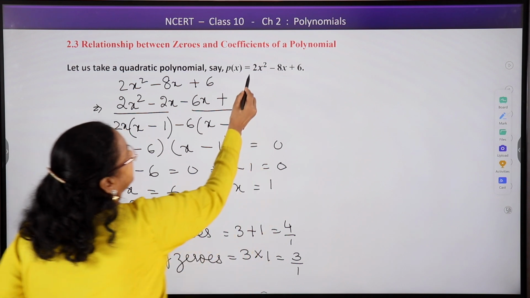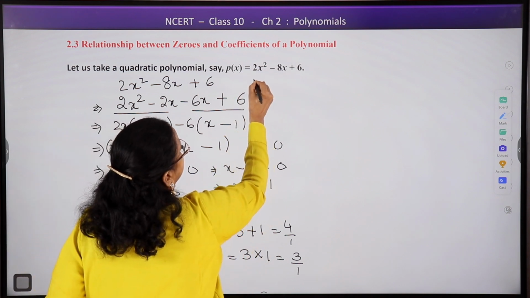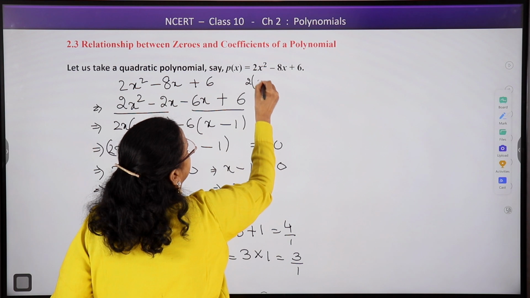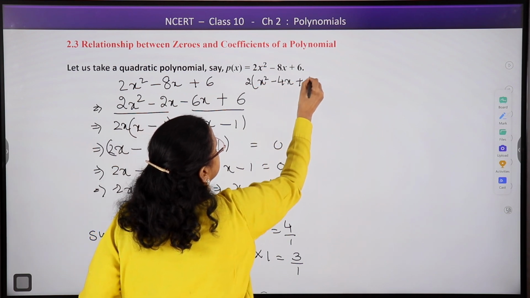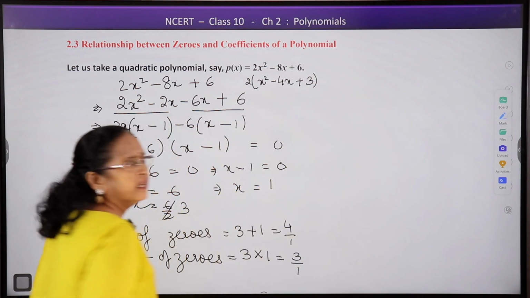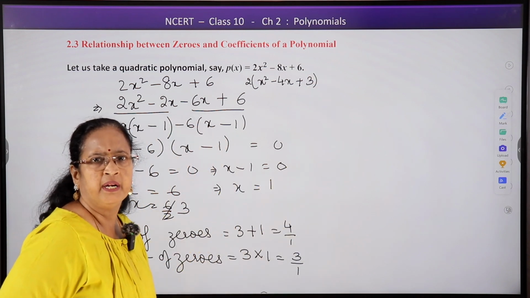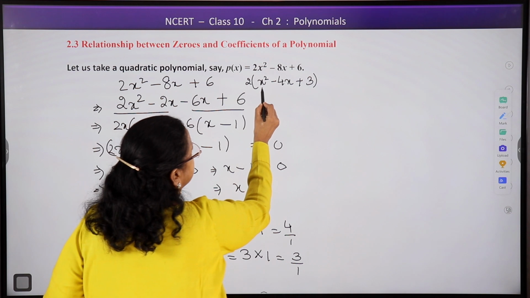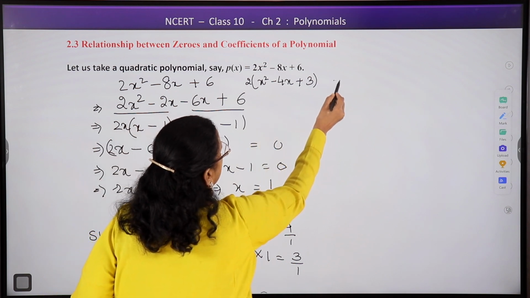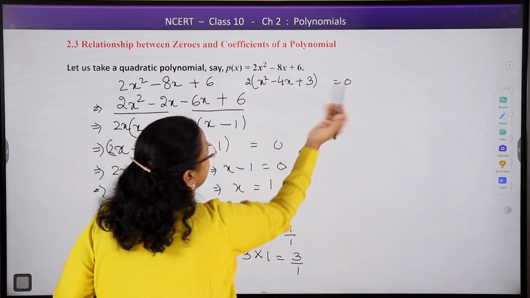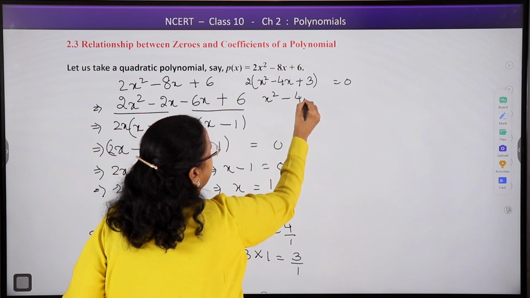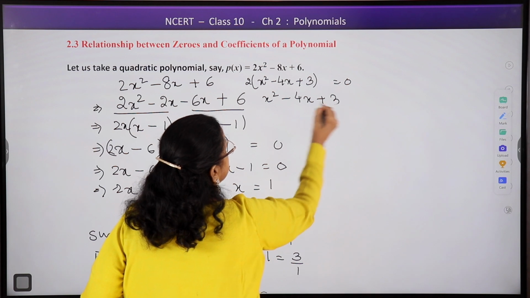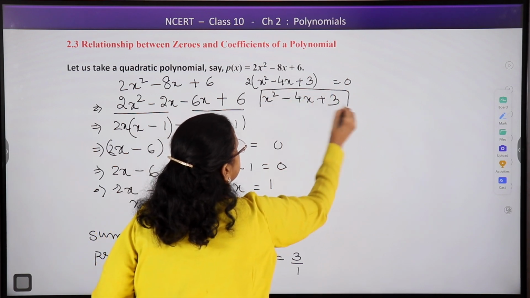Now, the given equation, I can write as 2 bracket x square minus 4x plus 3. I can take 2 common. So our equation becomes, now when we equate to 0, the 2 becomes 0. So we get x square minus 4x plus 3.